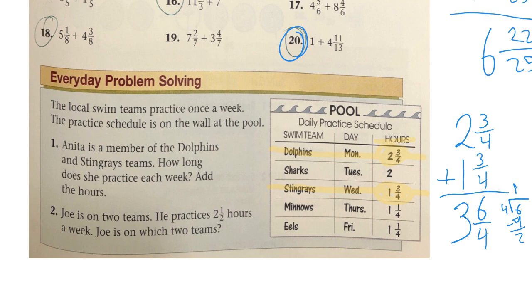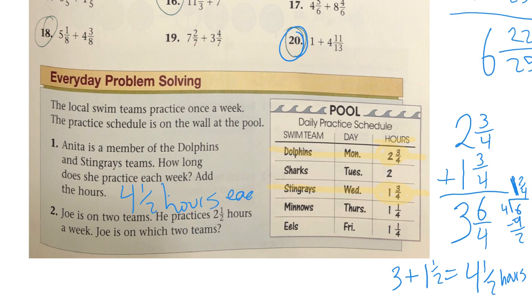And then we can add the 3 whole hours plus the 1 whole and 1/2 hour. 2/4 is equal to 1/2, and that would give us 4 whole hours and a half. And so that's number 1's answer, 4.5 hours each week.